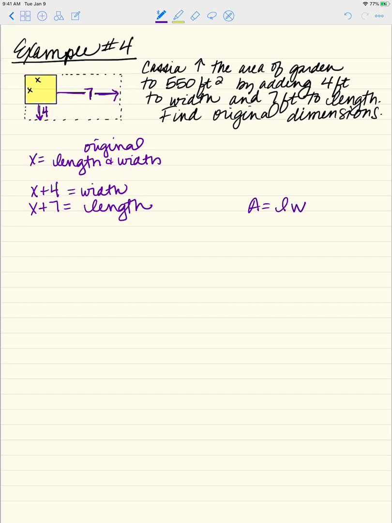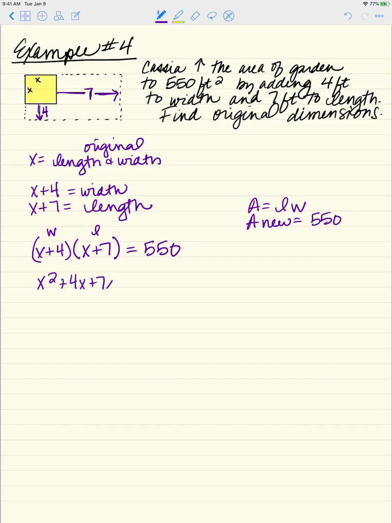We know the area of her new garden is 550, okay? So, x plus 4 times x plus 7, there's the width of the new garden, there's the length of the new garden, is equal to 550, okay? Foil this, you get x squared plus 4x plus 7x plus 28 is equal to 550.